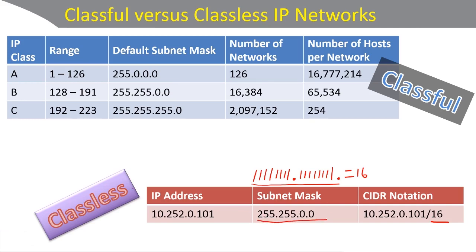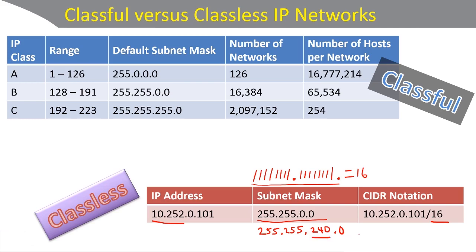But you could go further. You could do IP subnetting and go beyond this. We could take this network number, this 10.252, and we could further subnet it by changing the subnet mask more. And we could say use 255.255.240.0. So we're changing the third octet.